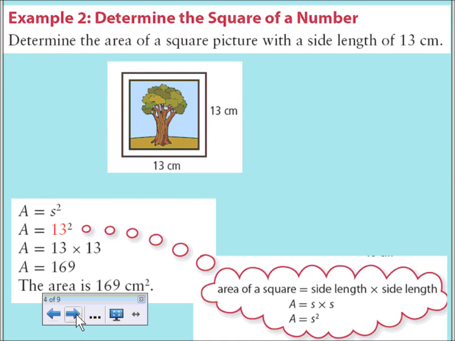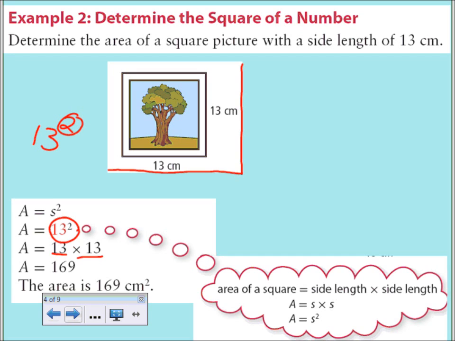We need to determine the area of the square picture with a side length of 13 centimeters. So if we know that this one is 13 right here, and this one is 13 right here, we have to go 13 times 13, which is also 13 squared. So there's two 13s, so we write 13 squared, which is 13 times 13, or 13 times itself.